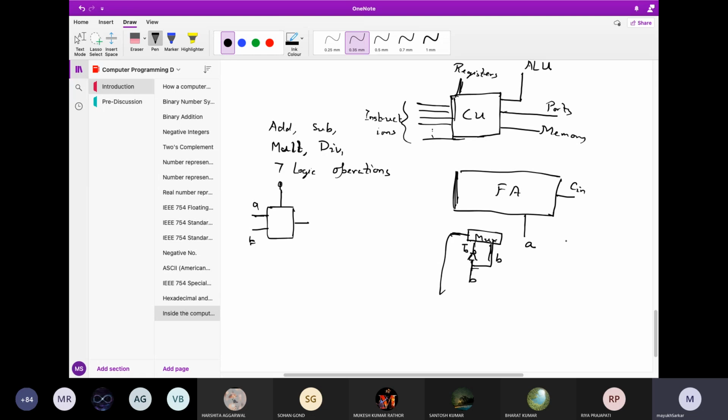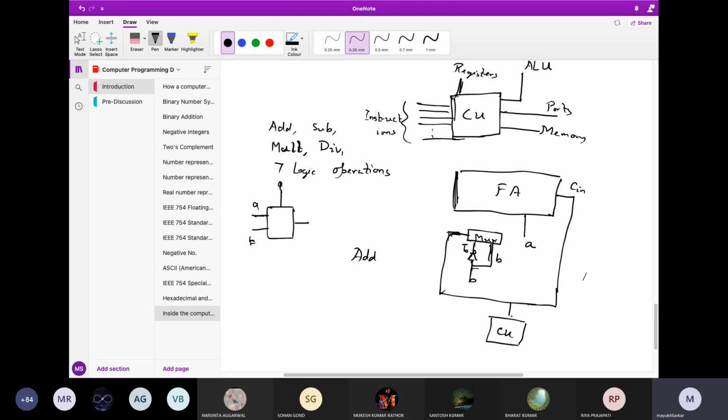Now this input line, this signal, and this Cin line, both of them are coming from the control unit. So if your command is add something, the control unit will understand that it is part of the ALU, remember, because this is the arithmetic logic part.